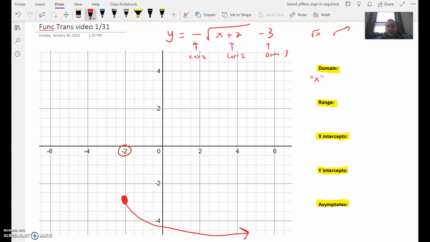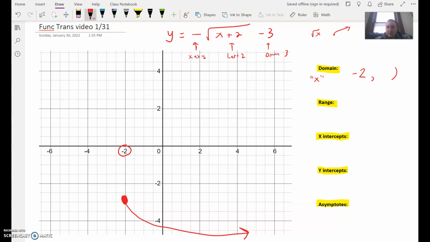Okay, so you always write domain from lowest comma highest. So the lowest value that we can go is negative 2. We can't go any lower than that. Negative 2 is the last one. And since this is a filled in circle, like a closed dot, we have to use this symbol to show, come on, erase.